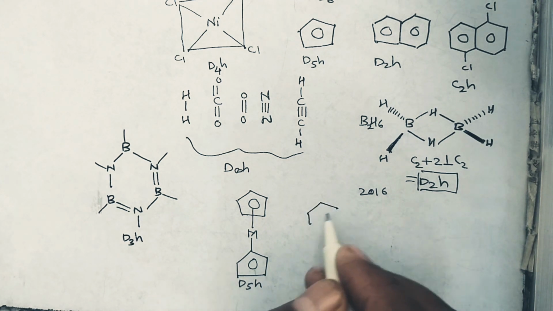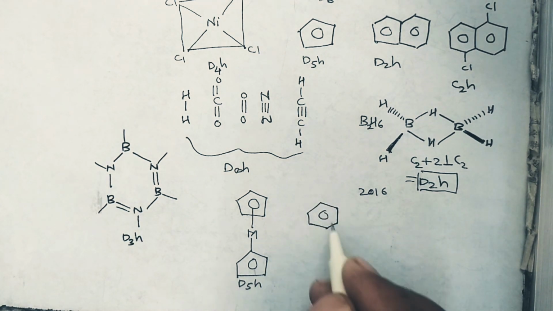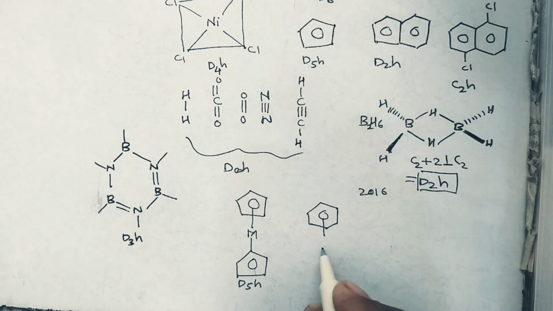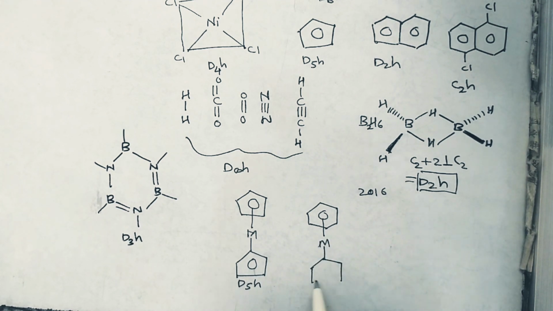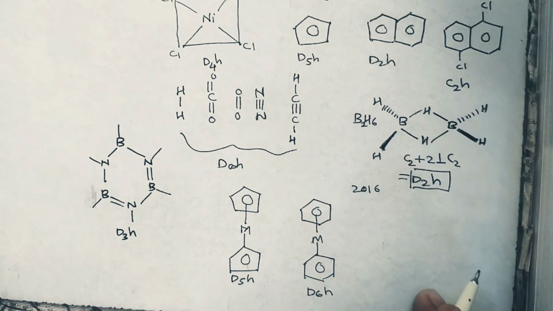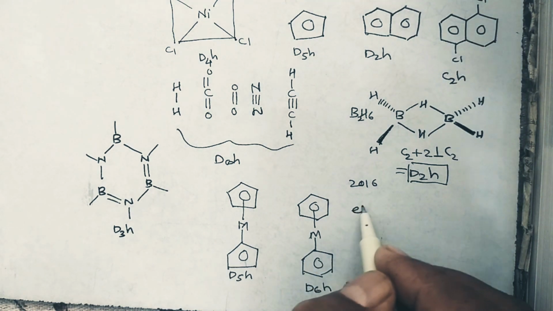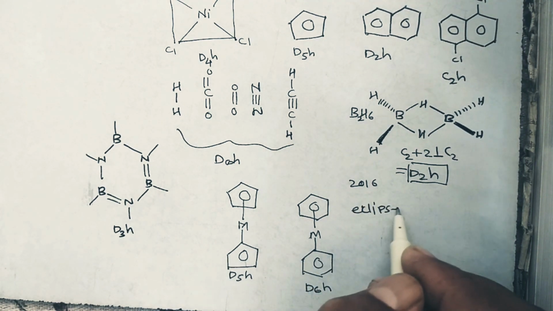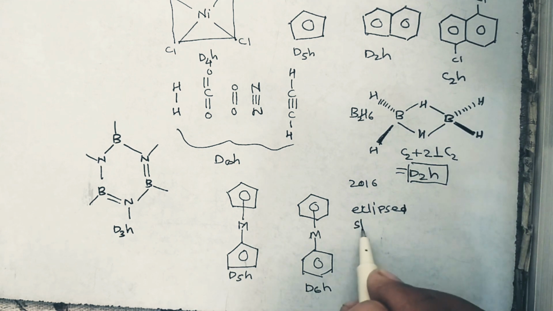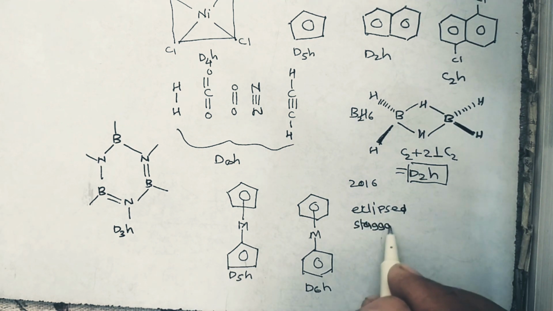Bis benzene chromium has point group D6h. So one thing always remember, these two compounds are obtained in two forms. One is the eclipsed form and another one is the staggered form.